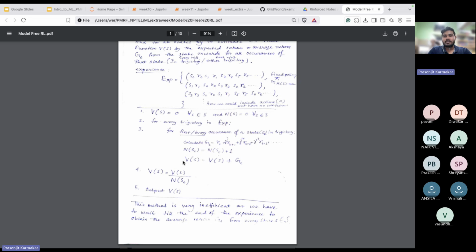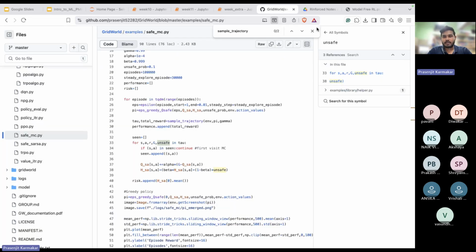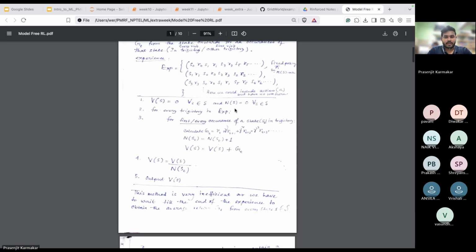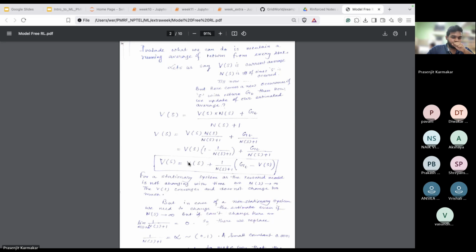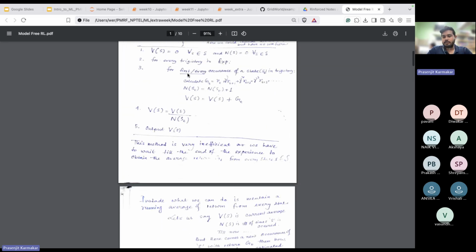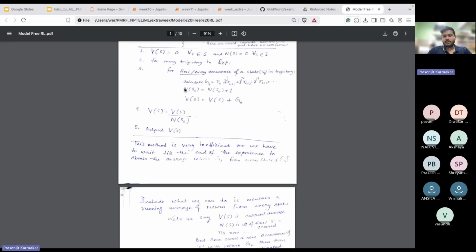So what was the update rule in that case? It's really simple. Currently we are dividing at the end, after you store everything together. Basically this is an offline algorithm. You do the computation offline. While you are playing, you do nothing, you just collect data as much as possible.